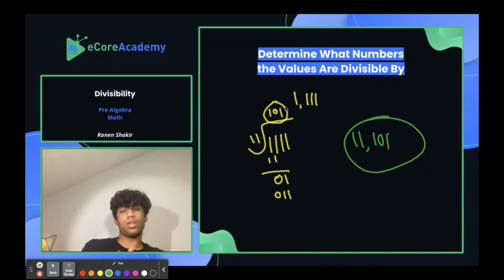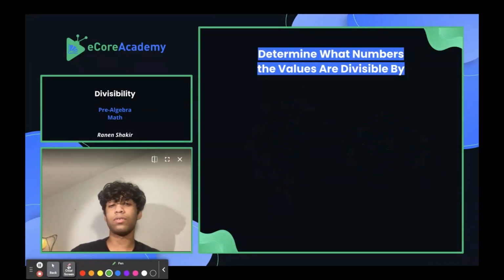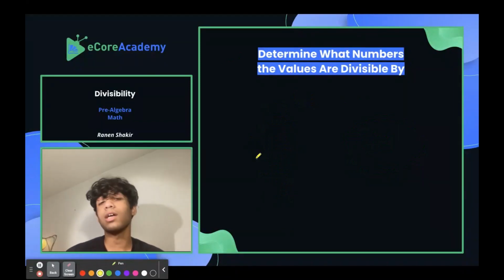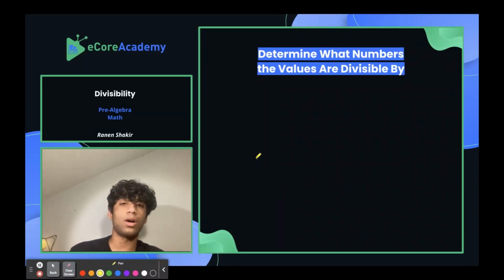So essentially you can figure out what numbers something is divisible by. If you don't know your rules, you can divide a number by another number to see if it's divisible by it. But you don't want to go around punching in all different values just to figure out what number is divisible by. So that's where a calculator comes in handy, and that's why simple divisibility rules also come in handy. So once you figure that out, you can punch that into a calculator and see what your factors are.